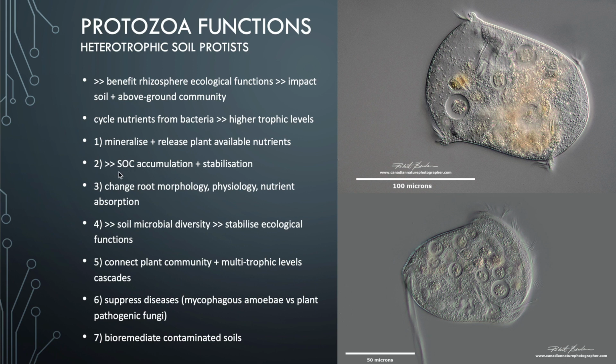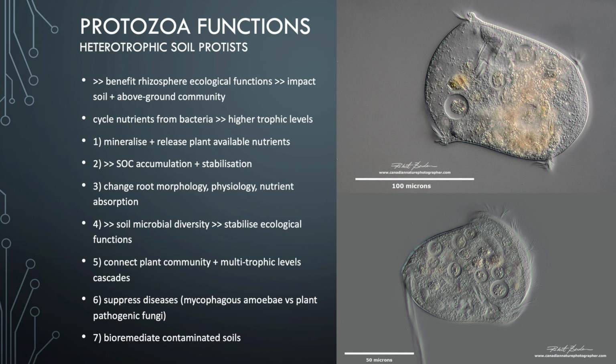They therefore influence soil organic carbon accumulation and stabilization. They are even capable of changing root morphology, physiology, and nutrient absorption of the plant, particularly through their hormonal effect on plants. And they greatly influence soil microbial diversity by preferential feeding on the different microbes or bacteria in the soil, and this stabilizes ecological functions in the ecosystem. They connect the plant community and the multi-trophic level cascades.